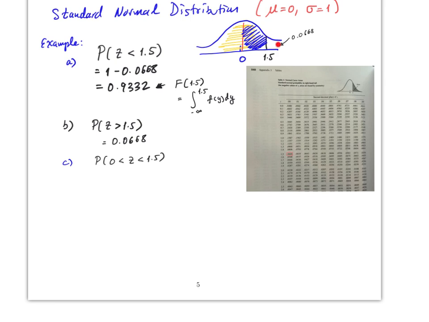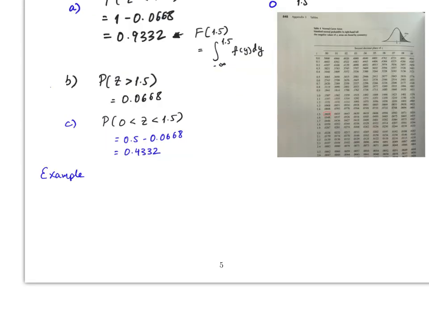So if you want this part only, this plus that has to be equal to 0.5. Therefore, this will be equal to 0.5 minus 0.0668, which is 0.4332. And that's it.